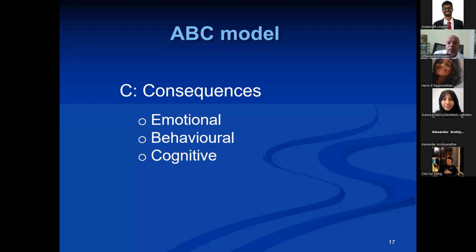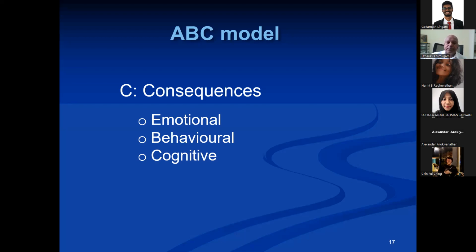For instance, you're anxious about the exam, so you don't come to class or see your lecturers. Those are behavioral consequences of a particular way of looking at the A. Cognitive consequences are where some people will say, "Oh, I'm not very good at doing exams," which is a consequence of a belief they hold about the A. It affects the way they think. But for now, let's just stick with the emotional consequence so that you get the principles sorted.